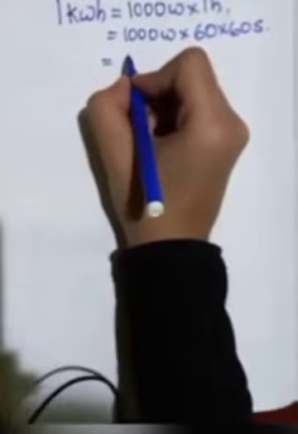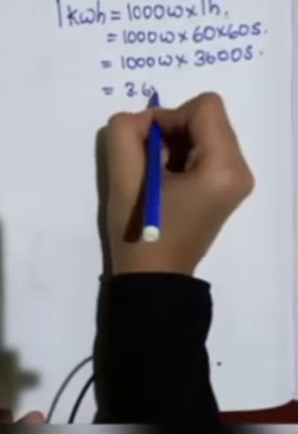We can write 1 kilowatt hour is equal to 1000 watt into 1 hour. 1 hour contains 60 into 60, that is 3600 seconds. So it is 1000 watt into 3600 seconds, which can be written as 3.6 into 10 raised to 6 watt second.